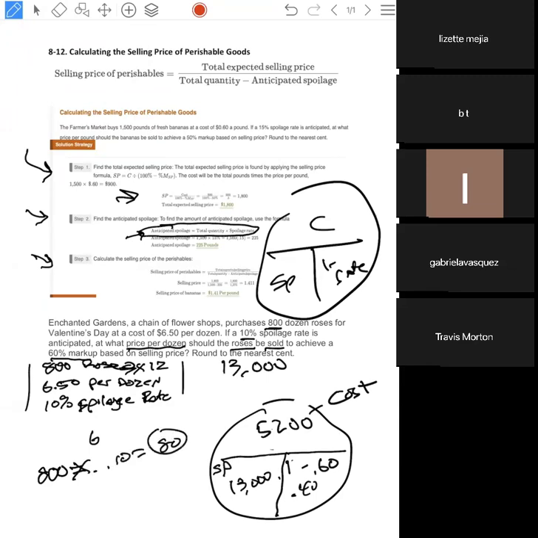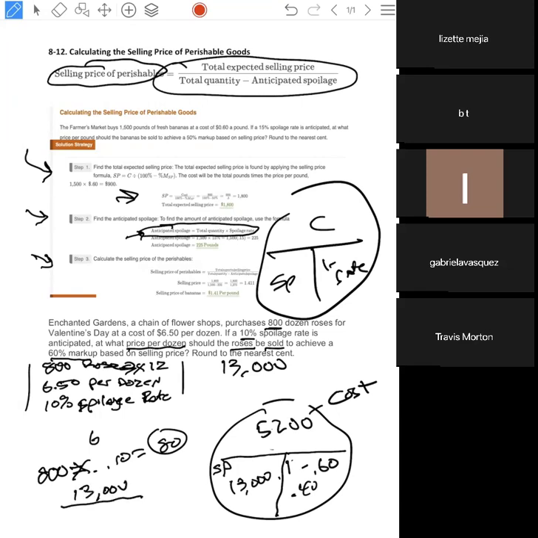So I'm going to lose 80. And then I need to use the formula up here. Expected total selling price is 13,000 divided by total quantity, 800 minus 80.